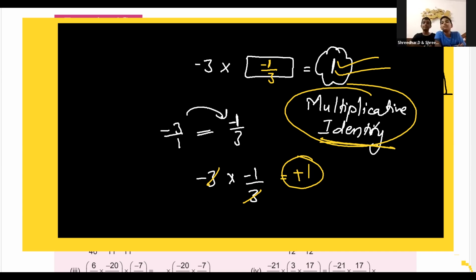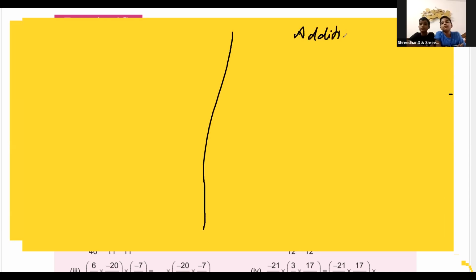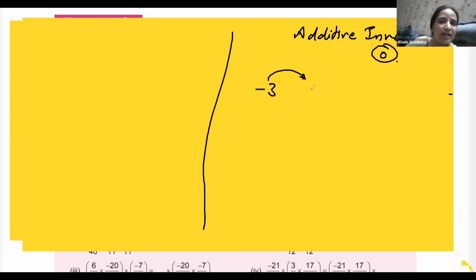Let me explain once again with this. Samihan, are you getting it, beta? Yes, ma'am. For additive inverse, what is the additive identity? That is 0, right? Now, if I ask you for -3, you just reverse the sign. That will be +3.